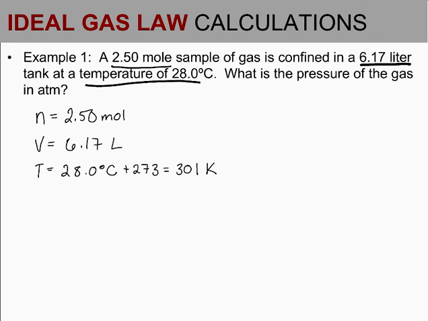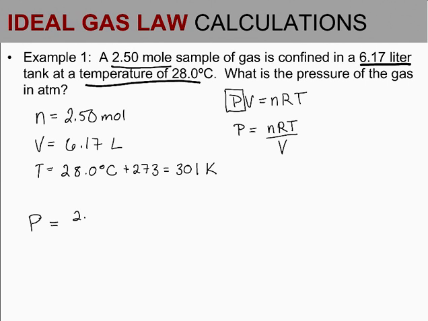All right, so now we're going to use the ideal gas law, where PV equals nRT. And we're solving for pressure. We were not given pressure. So if we rearrange this equation to isolate pressure, we just need to divide both sides by volume. So we'll end up with nRT over V. All right, so let's plug in everything that we were given.